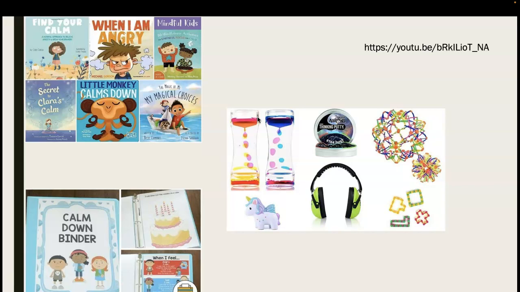A lot of these you can find on Teachers Pay Teachers or for free on the internet, and you can print those out and put them in plastic sleeves. It's a great way to do it. And then having these kinds of fidgety items. With COVID, things have changed a little bit. We wouldn't use common fidgets, so that would be something that you would either have parents send in or you could purchase for your students.